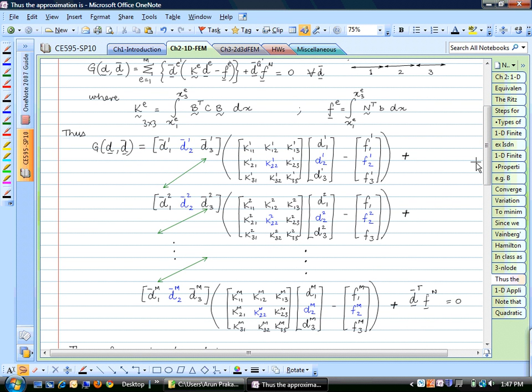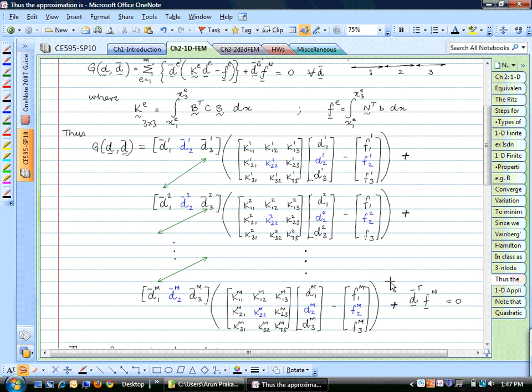And here is a little different thing about these 3 noded elements. What you could do in this case also is go about the assembly process exactly the same way. So if you assemble the equations, you have this contribution from the first element, you have this contribution for the second element, and so on.